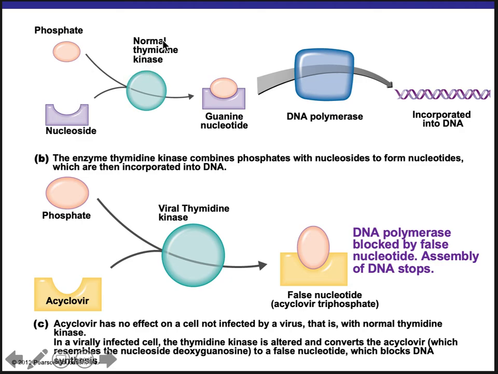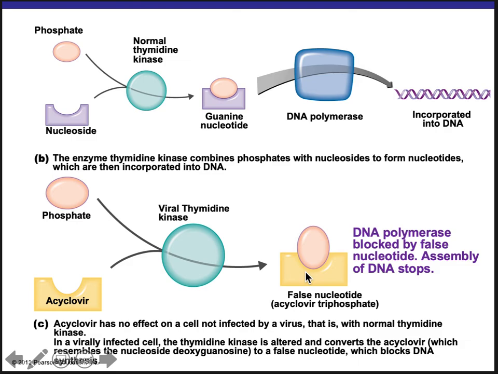So normal thymidine kinase in a healthy cell is going to take phosphate and the normal nucleoside and put them together, and then the DNA polymerase is going to take that and incorporate it into the growing DNA. But when it has the viral infection and you have the drug acyclovir, the phosphate and the acyclovir get put together by the viral kinase, and then it gets taken up by the DNA polymerase, and then it blocks it.